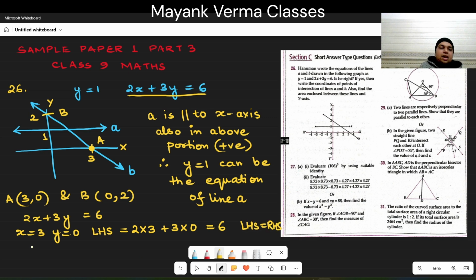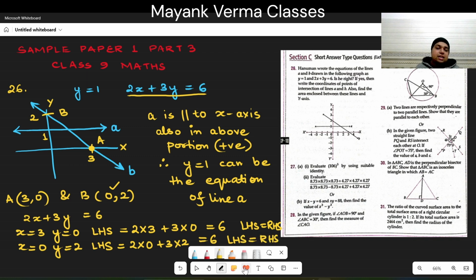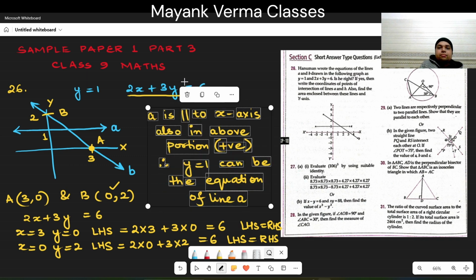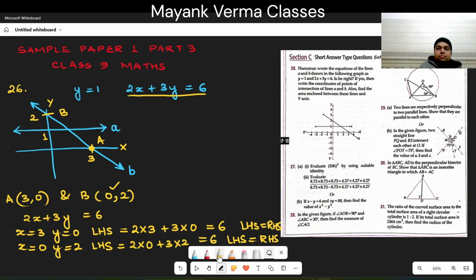And if I put x is equal to 0 and y is equal to 2, that means point B, then LHS will be equal to 2 times 0 plus 3 times 2, again 6. So LHS is equal to RHS. So I can clearly say, yes, Hanuman is correct.